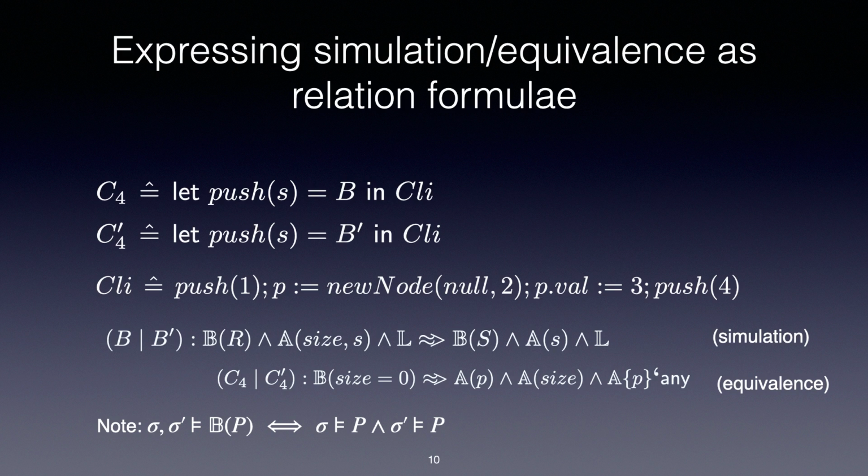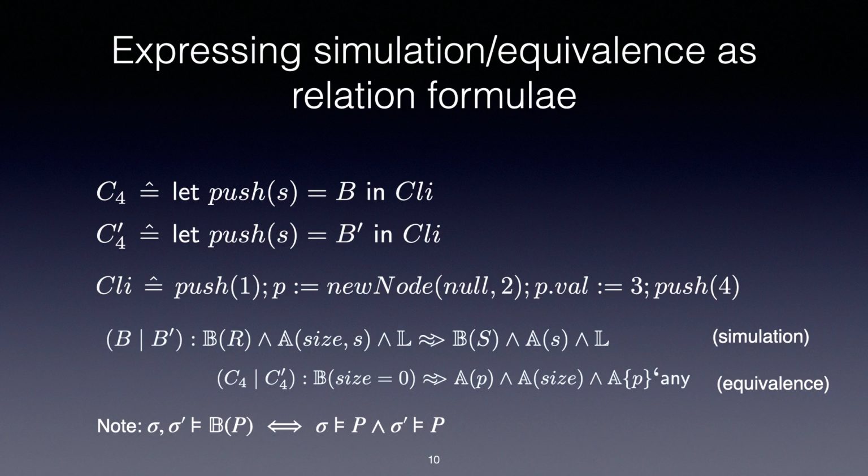And then equivalence says that for the linked programs, we have the following situation. If both initial states satisfy the precondition size equals 0, then the postcondition says that there is agreement on all client visible locations, and thus the two linked programs are equivalent.